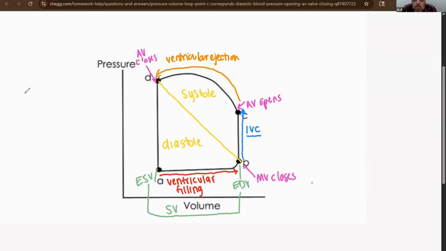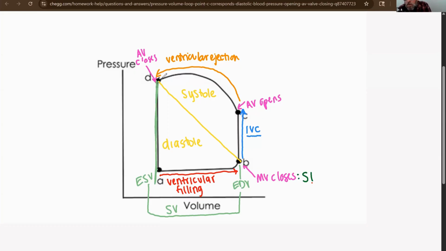Remember this phase right here, point D, can often be referred to as end systolic volume. It's the end of systole, so it's the volume at the end of systole. So that's point D, right? A is not necessarily ESV, even though we've got it drawn there, that's okay. Technically, D is ESV. It's okay that Don wrote it that way because it's the same volume.